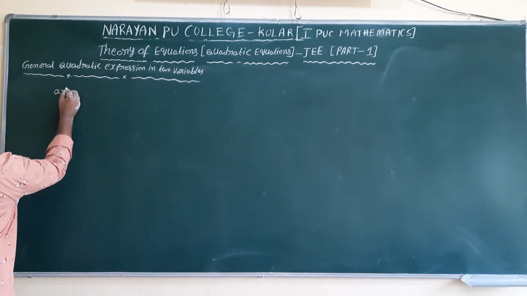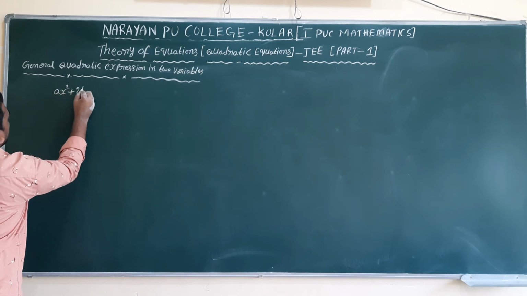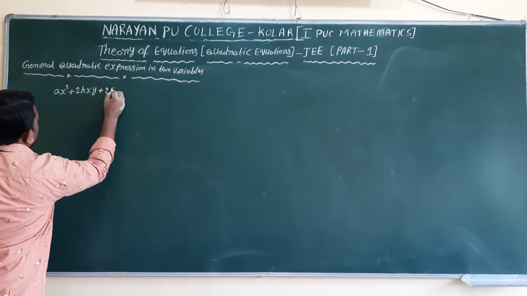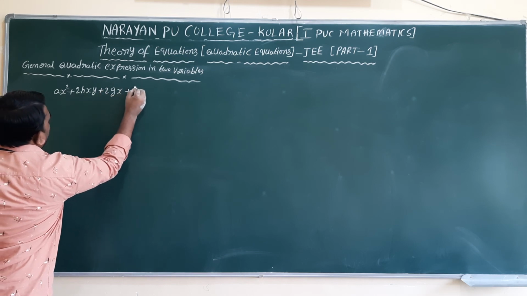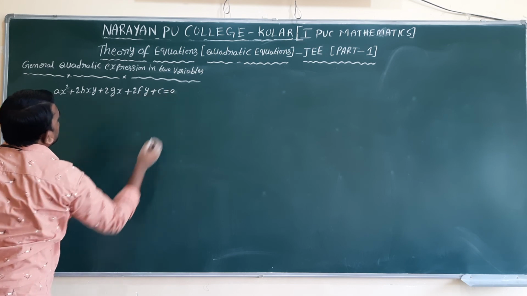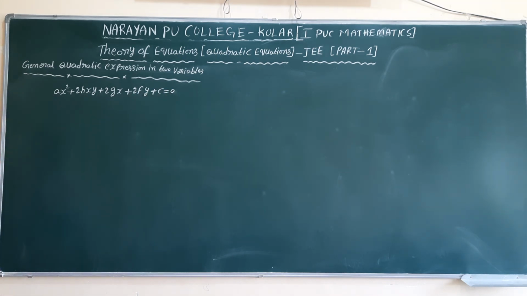ax square plus 2hxy plus 2gx plus 2fy plus c equal to 0. This is a general quadratic expression in two variables.